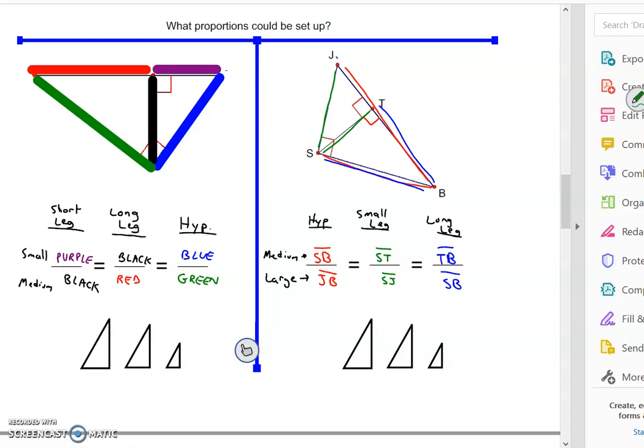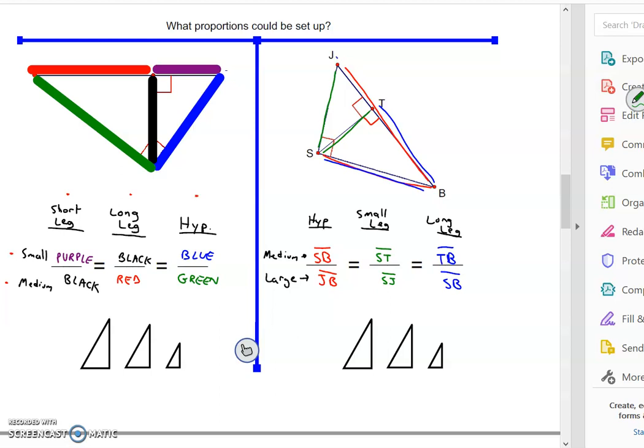Okay, now don't freak out if you got something a little bit different, because what I did in this first one on the left, just dealing with the colors, I decided to have my small triangle and my medium triangle be the ones that are being compared. Maybe you compared small to large, or maybe you compared large to medium, or whatever it was. And you could have either one in the numerator and either one in the denominator. I did short leg, then long leg, then hypotenuse, but again, you could switch those around.